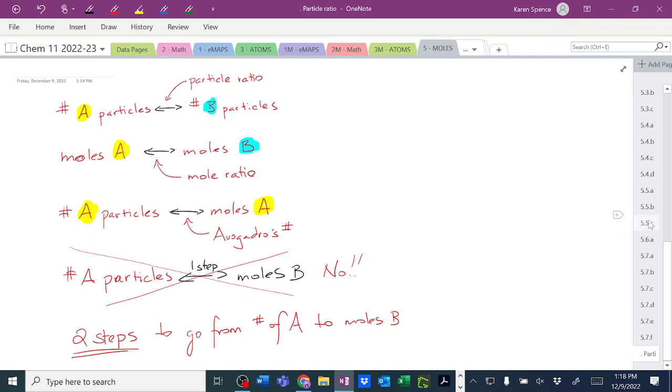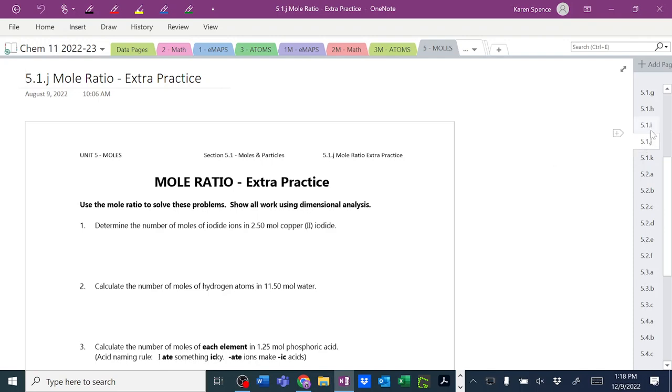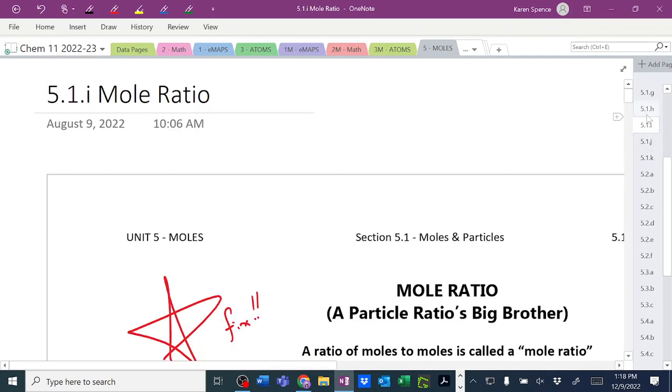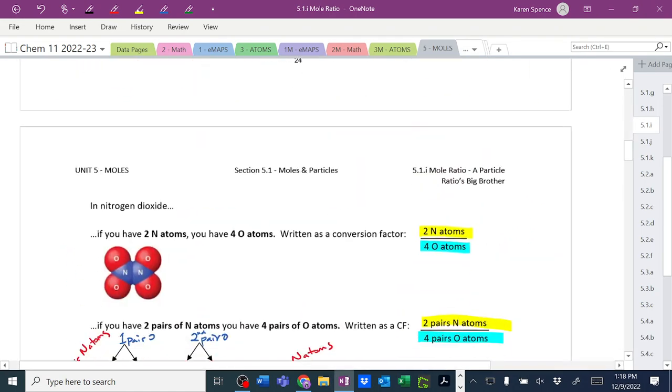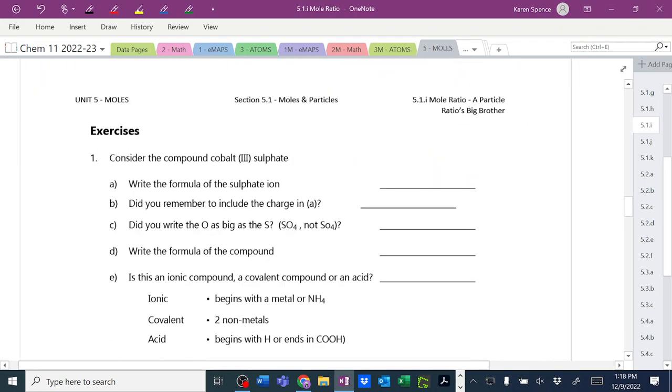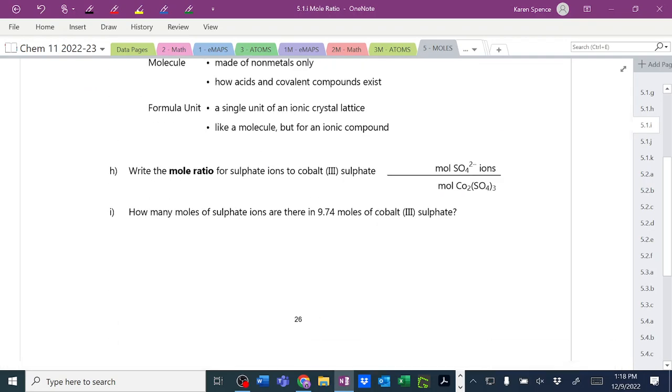Okay, so right now, if you're feeling a little confused, Ms. Spence, then you can go back to pages 26, 27, and that's just practice writing the mole ratio, okay?